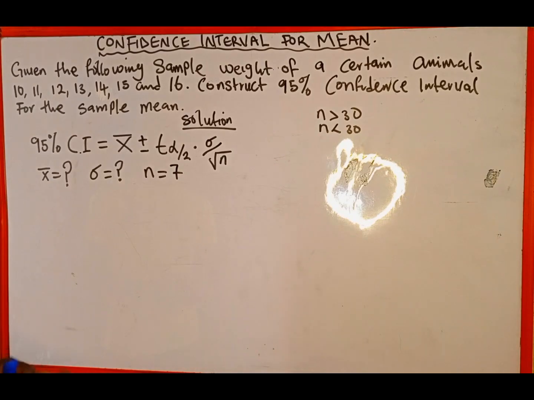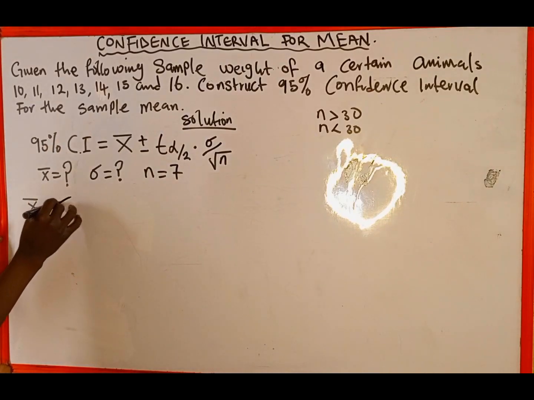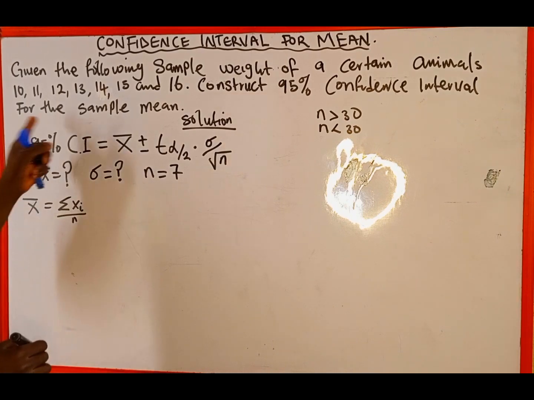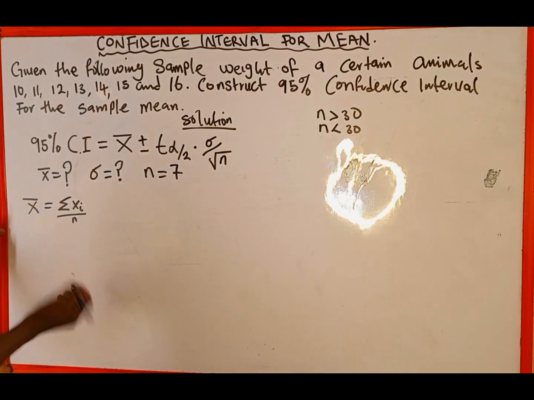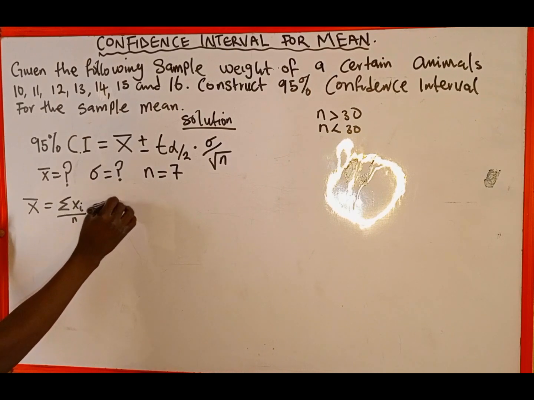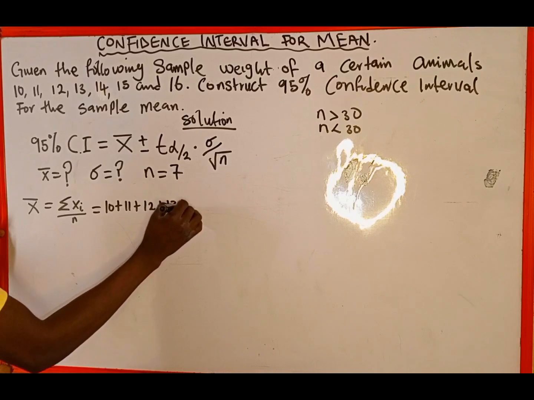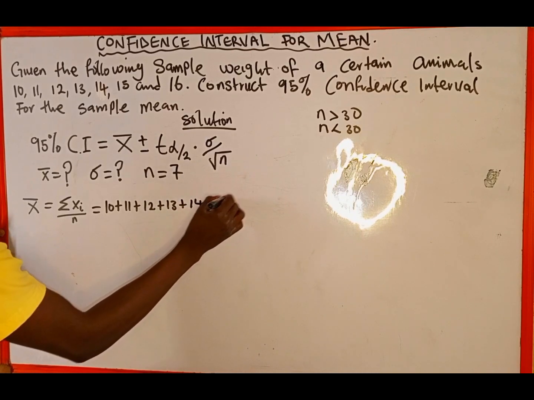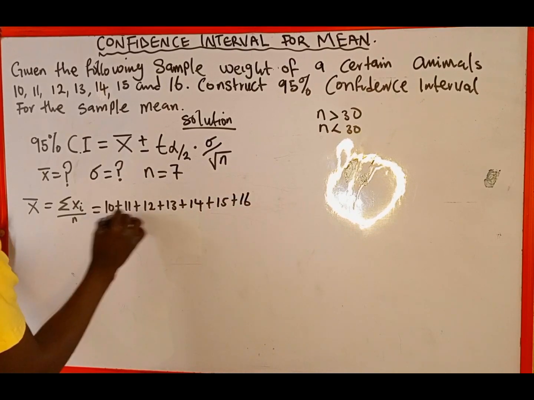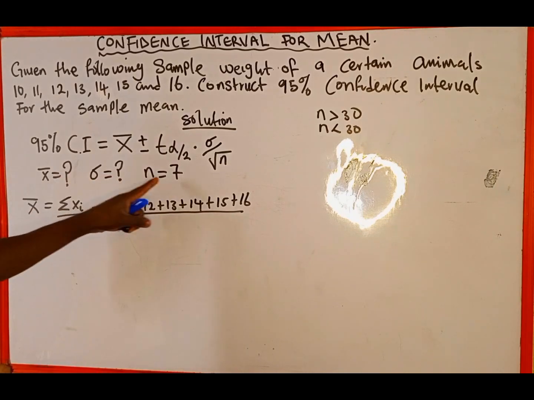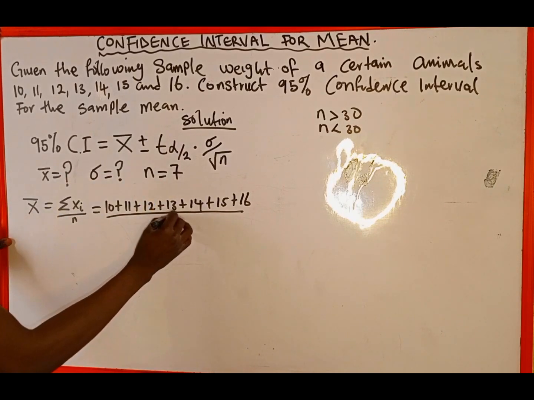Now the first thing we're going to do is to look for x bar, which is also called the mean. The formula used to calculate x bar of this data is what? Summation of xi all over n, where each of these data is represented by x. So we're going to have 10 plus 11 plus 12 plus 13 plus 14 plus 15 plus 16, everything divided by n, and n is the number of samples, which is 7.